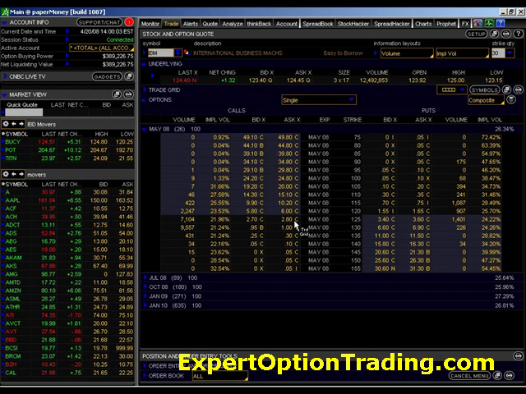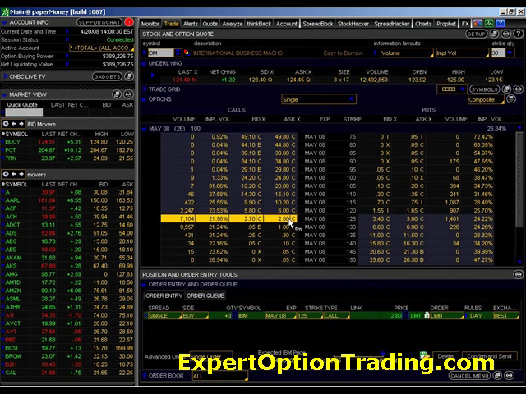So if you were to purchase a call option on IBM at the 125 strike price, you would pay $2.80 for one contract. However, one contract gives you the right to purchase 100 shares of IBM stock. Let's click on that as a buy and toggle this down to one contract.